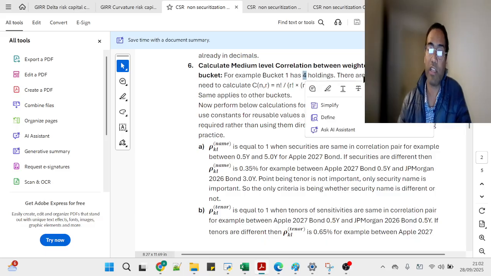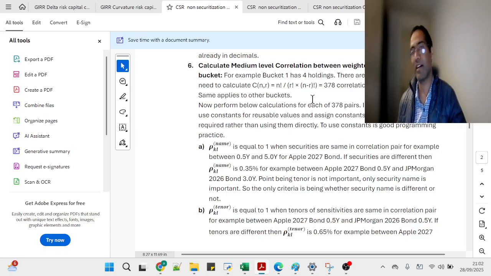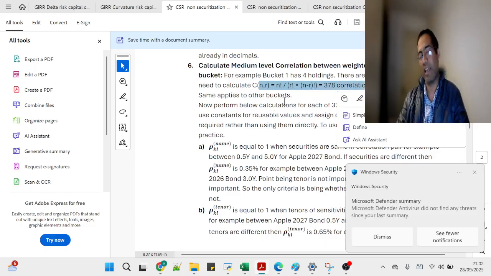If there are 4 holdings, then there are 28 sensitivities and 378 correlations within the bucket, because every bond can have sensitivity with any other bond. So yeah, every bond can have different correlations.